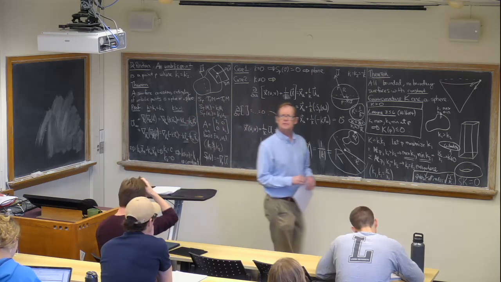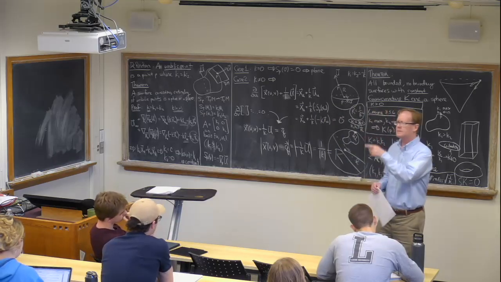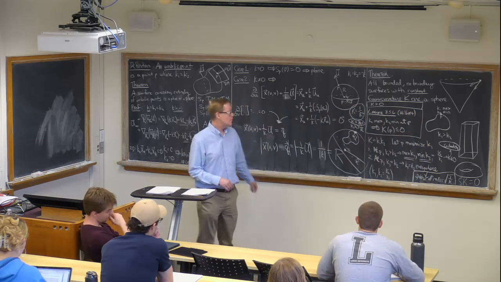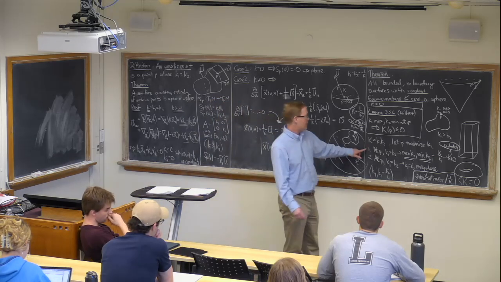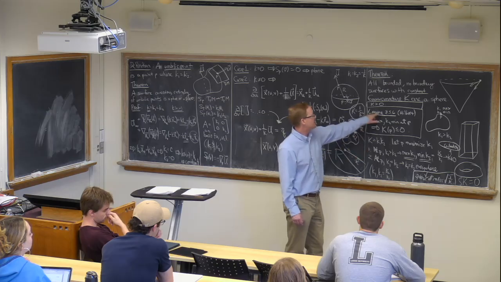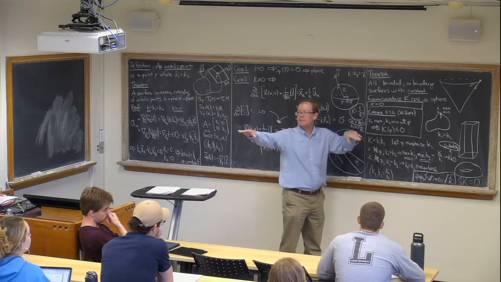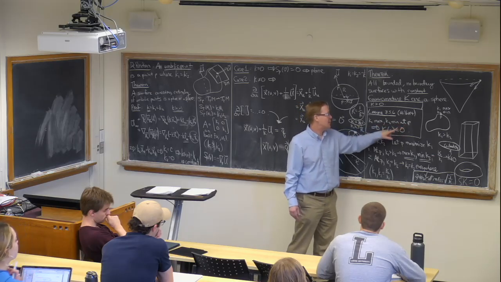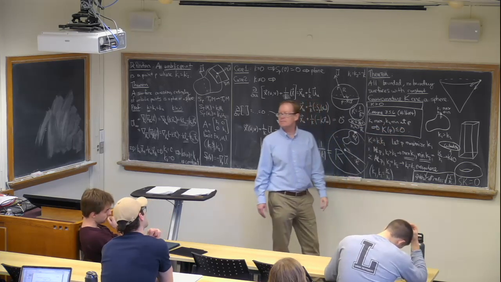Any questions? Yes? Why in case 1 do we know that K is less than or equal to 0? Oh, that's limit 3.5.6. That's the part I didn't prove. Because we have K1 locally maximized and K2 locally minimized at the same point, then capital K is less than or equal to 0. Yes, good question.